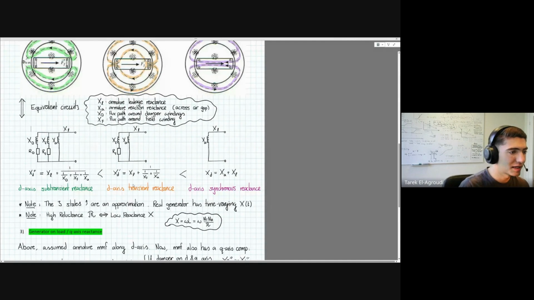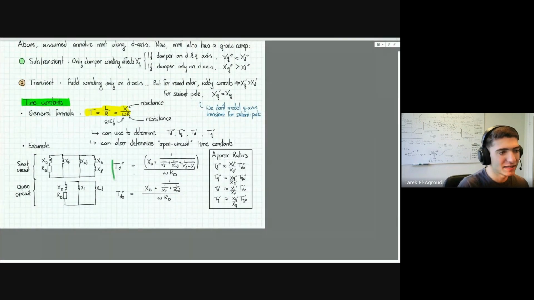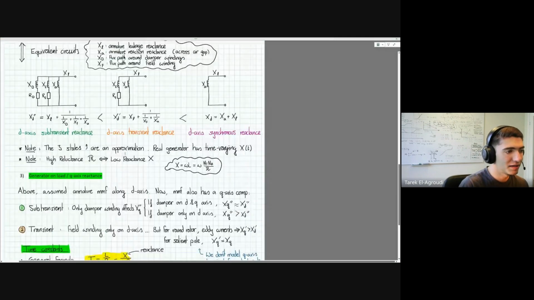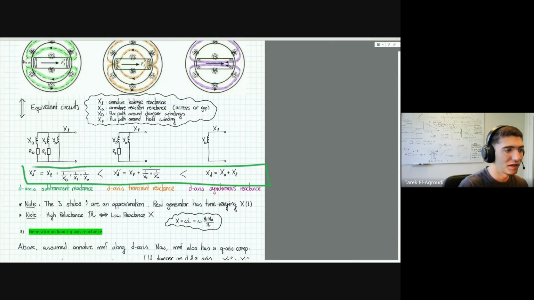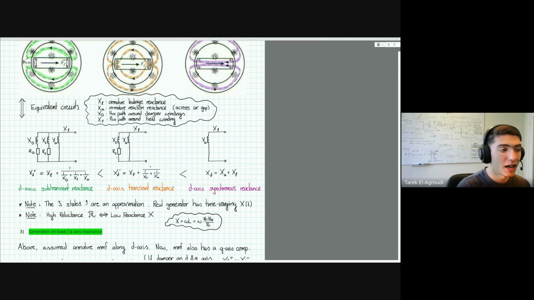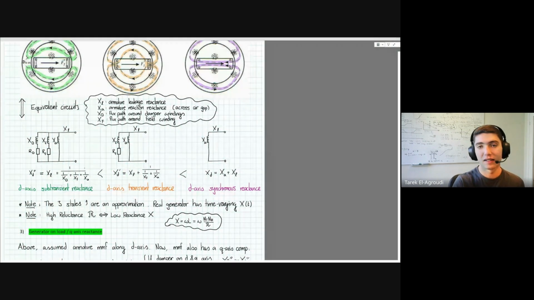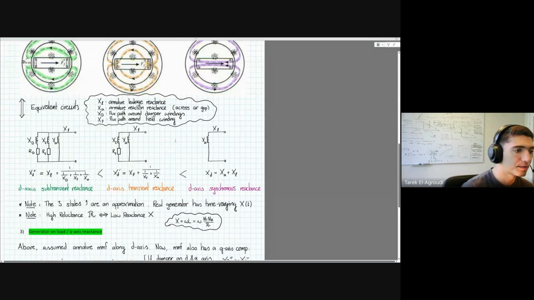One can, of course, calculate these effective reactances by simply taking the parallel configuration of the different coils. However, usually in the datasheet, they already provide the transient and the subtransient reactances. And just like in the steady state case, these exist both in the d-axis and the q-axis for the salient pole generator.